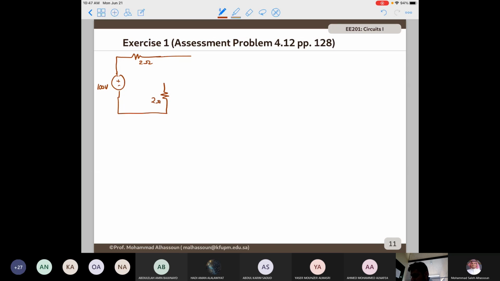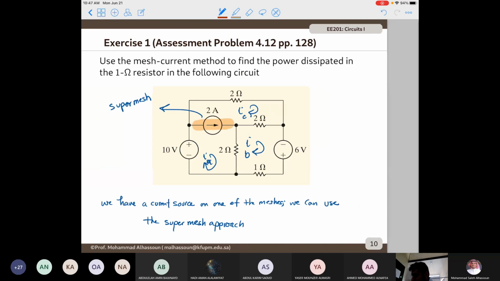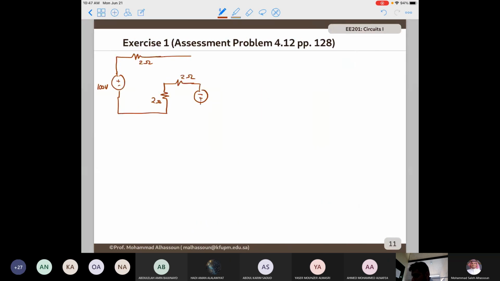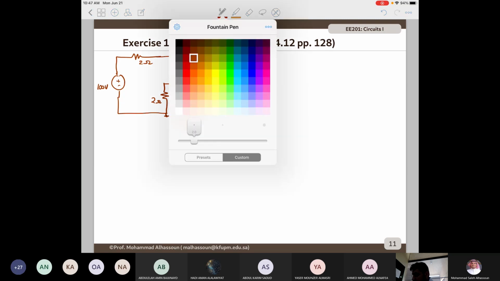This one is 2 ohm, 2 ohm, the reverse polarity here, 6 volts, 1 ohm, and then we have this connection. So I'm just labeling the mesh currents here.